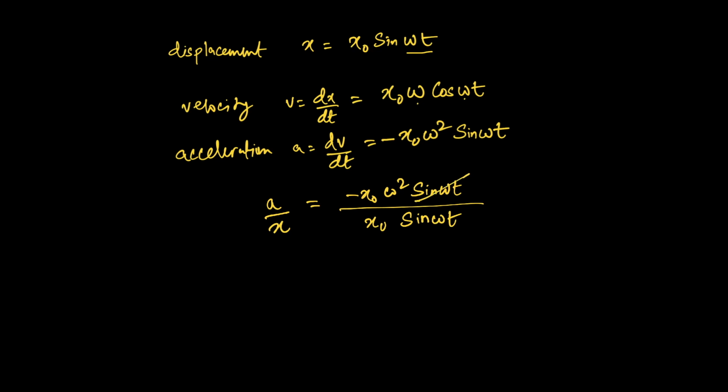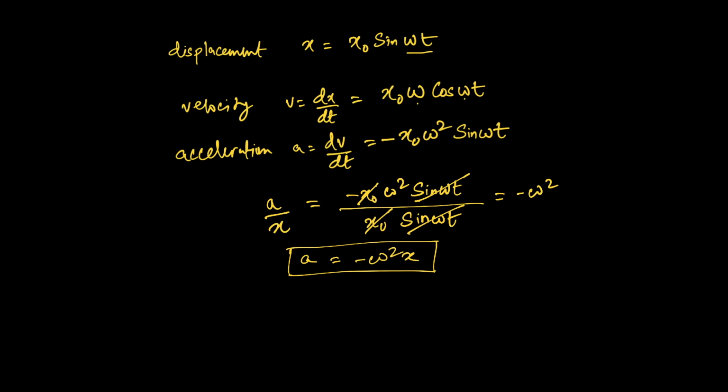So the sine function cancels out, the x naught cancels out, we're just left with negative omega squared, or a is equal to negative omega squared x, which is exactly what we were looking at 2 minutes ago on the previous slide. So this, guys, is how we look at simple harmonic motion as a whole.